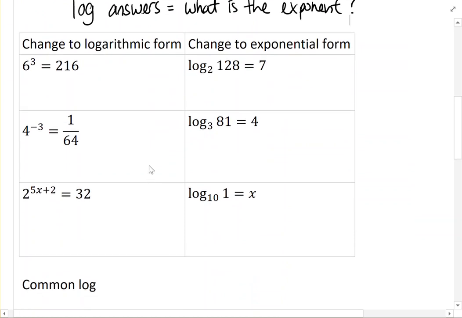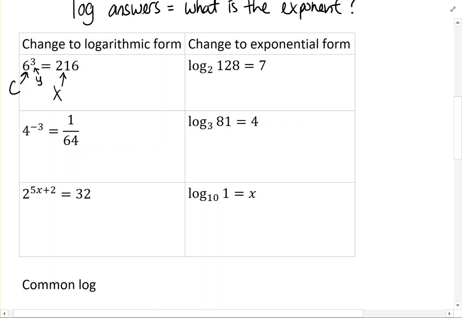In this next section, we're going to practice switching from one form to the other. We're going to start with this, which is in exponential form, and switch it to logarithmic form. Just to point out the three different parts: in this particular case, the 6 is the c, the 3 is our y, and 216 is x.